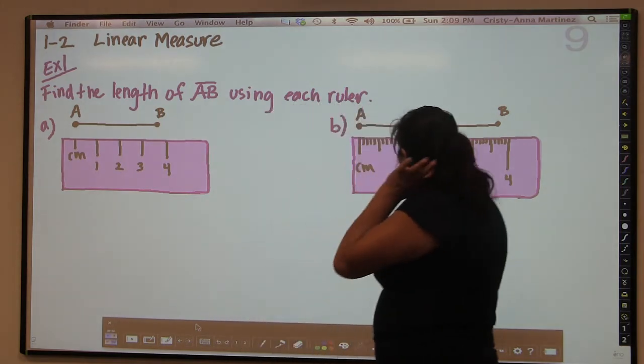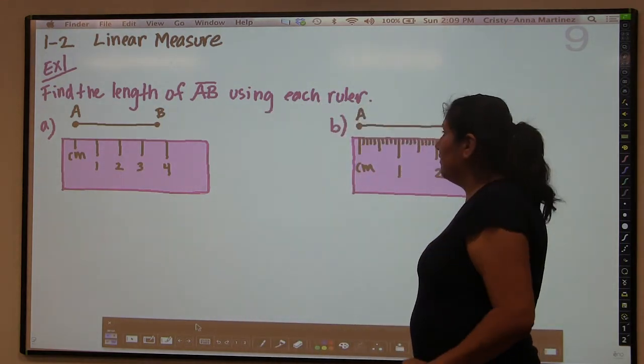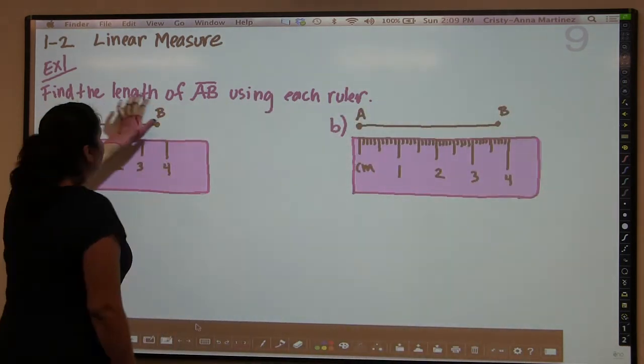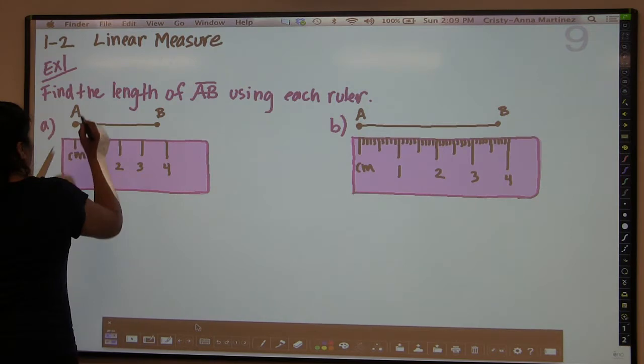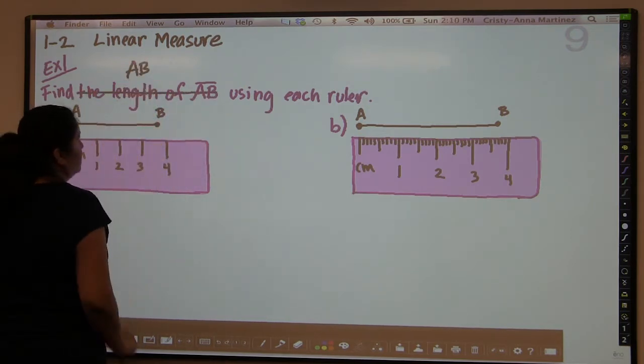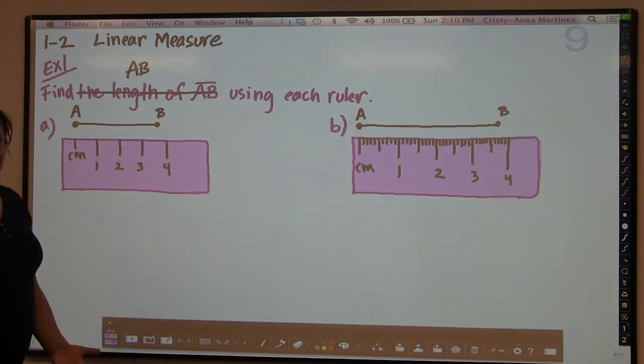When you are talking about the length of AB, you can actually abbreviate. Instead of saying find the length of AB, I could have abbreviated that by saying find AB using each ruler. That would be the exact same thing.